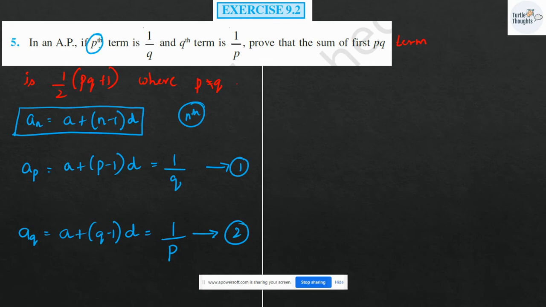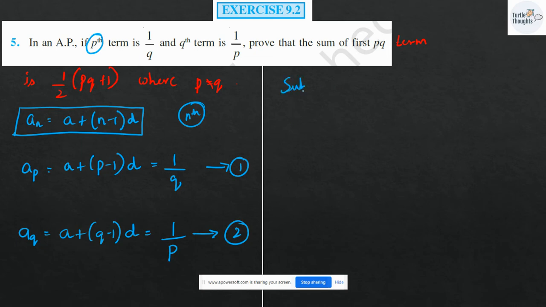Similarly, if they are talking about the pth term, it is going to be ap equal to a plus p minus 1 into d, which is given as 1 by q, that I am taking as equation number 1. Qth term is going to be aq is a plus q minus 1 into d, which is given as 1 by p, which I have taken as equation number 2.